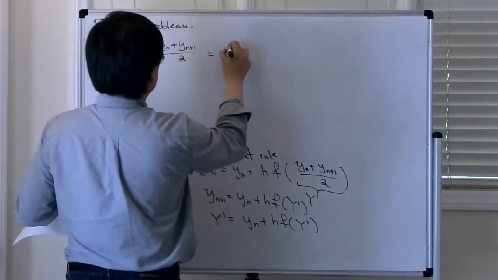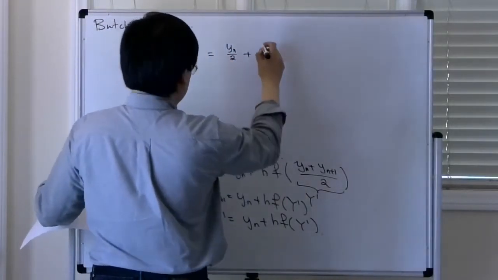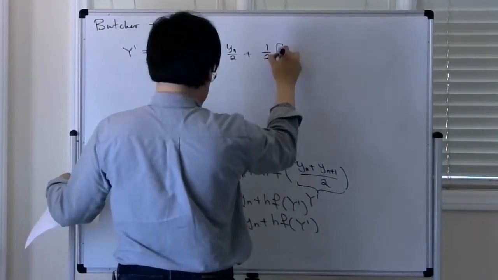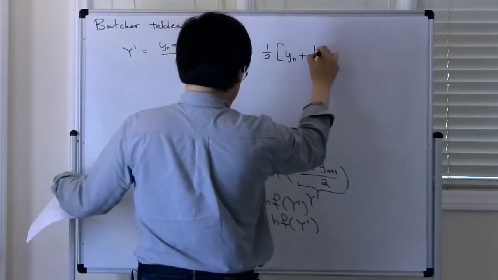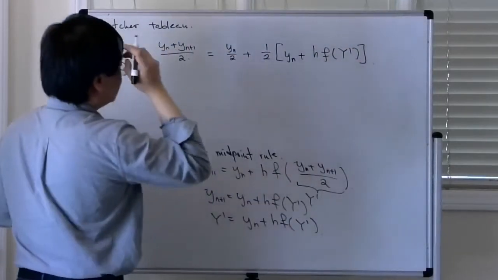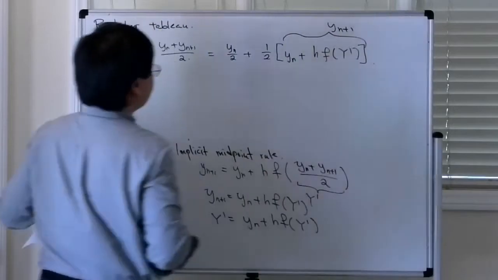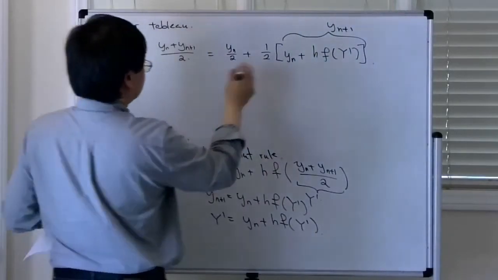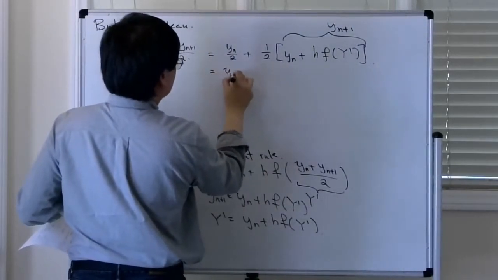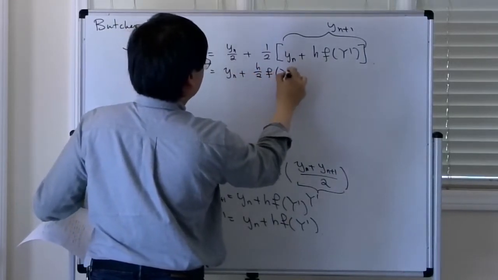So this is y_n over 2 plus 1/2 of y_n plus h f at Y1 by definition, which is nothing more than y_{n+1/2}. Putting this together, this is y_n plus h over 2 f evaluated at Y1.